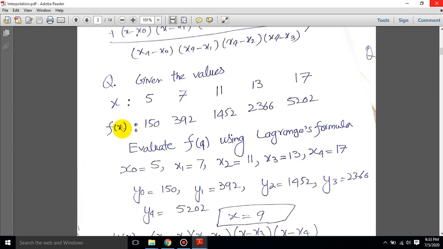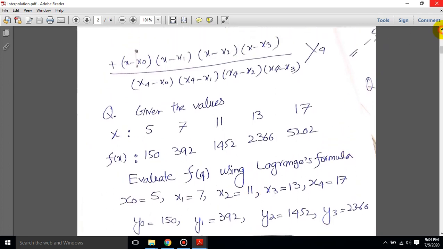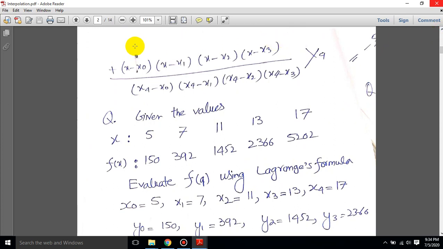The function f of x is 150 when x is 5, 392 when x is 7, 1452 when x is 11, 2366 when x is 13, and 5202 when x is 17. Now we want to evaluate f of 9 using the Lagrange formula, which I have shown you.